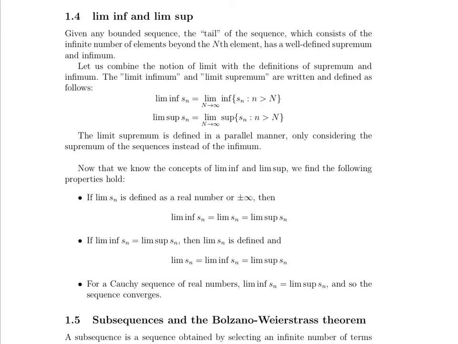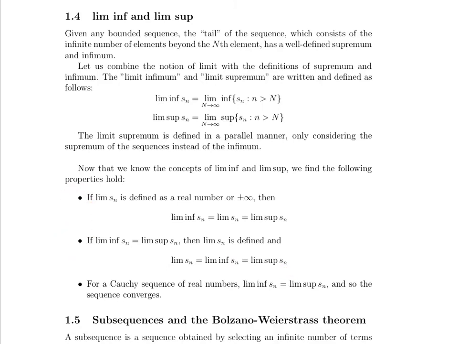That's a very big deal. And that goes backwards as well: if you encounter a sequence where the limit infimum and the limit supremum are equal, then that means that the sequence itself is convergent and its limit is the same as the limit infimum and the limit supremum. So both of these are really important facts.